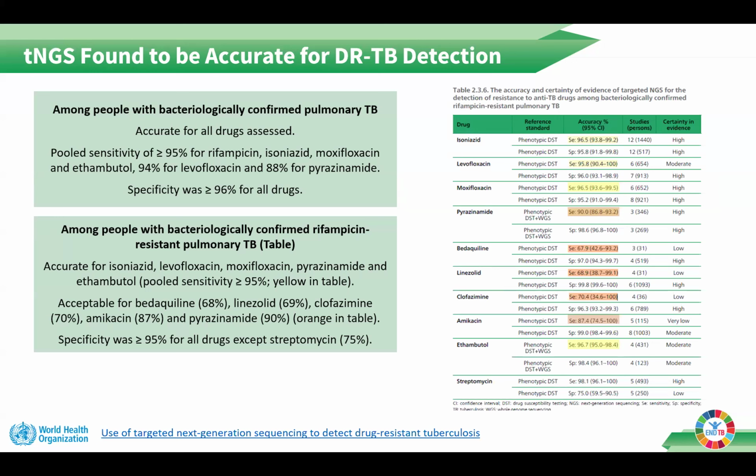Shown on the right, among people with bacteriologically confirmed rifampicin-resistant pulmonary TB, the technology was found to be accurate for the detection of resistance to isoniazid, levofloxacin, moxifloxacin, pyrazinamide, and ethambutol with pooled sensitivity of greater than or equal to 95%. These are highlighted as yellow in the table, and acceptable for bedaquiline, linezolid, clofazimine, amikacin, and pyrazinamide, orange in the table due to the lower sensitivities.